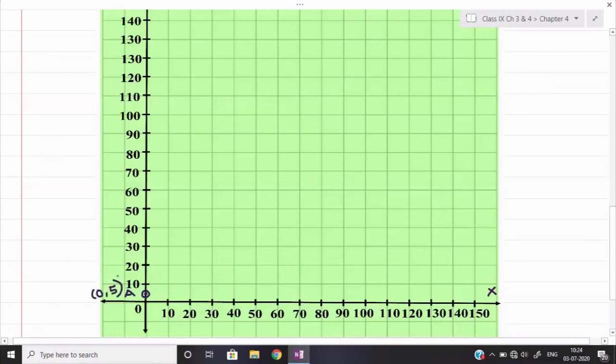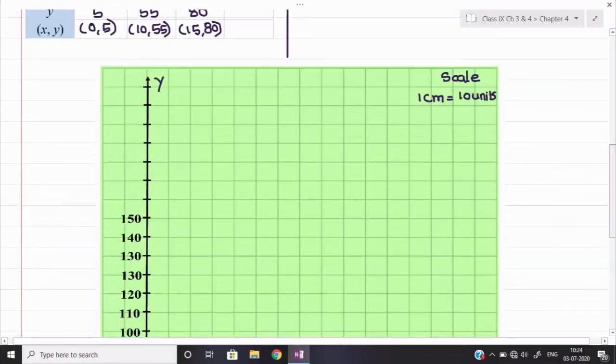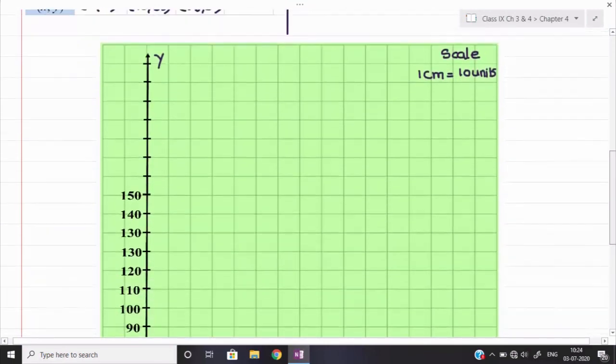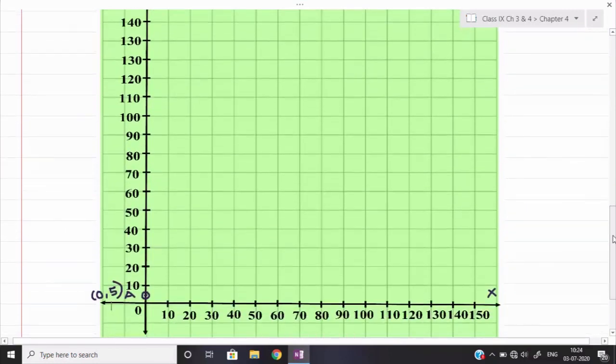Now what is the second coordinate given to us? I think I have taken the value of x equal to 10, y is equal to 55. So x is equal to 10 means here, and I will go till 55, which means exactly in the middle I need to mark. This point will be point B, I can say 10 comma 55. And the last point is I think 15 comma 80.